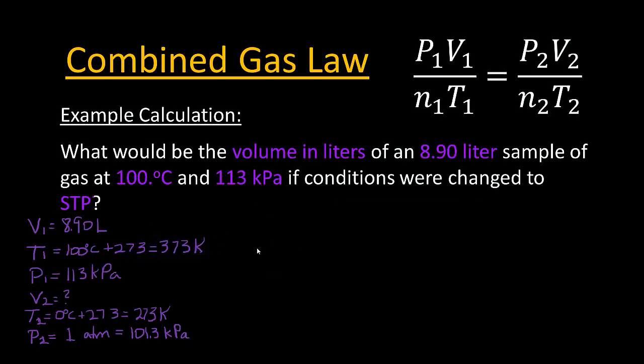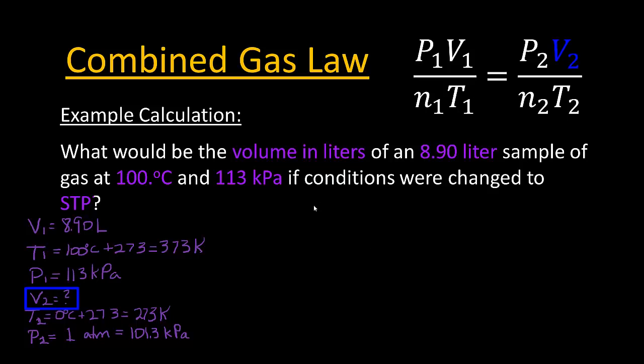So now let's go ahead and plug all these things into our formula. But before we do that, we need to rearrange our formula. Okay, now let's rearrange our equation right here to look like what we're looking for. So we're looking for the second volume, or the final volume, or V2. So we need to rearrange this formula to where it looks like V2 equals, and then move everything else to the other side of the equation.